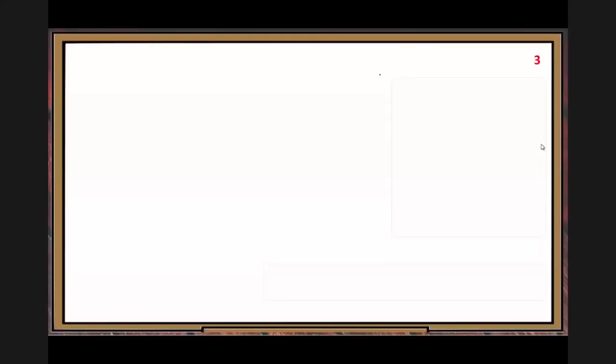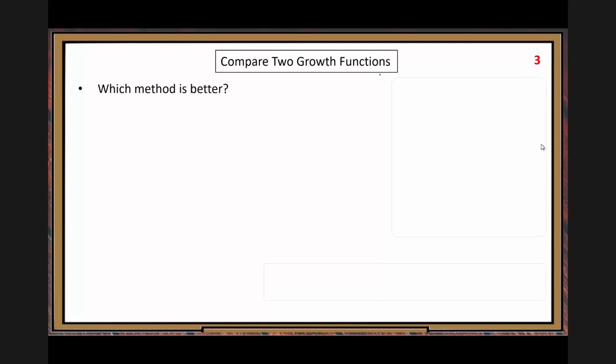To compare 2 growth functions, remember problem number 5 we just solved last time, the element uniqueness problem, and we did it using 2 methods. Let's get the growth functions from those 2 methods first, then compare these 2 growth functions. Which method is better?